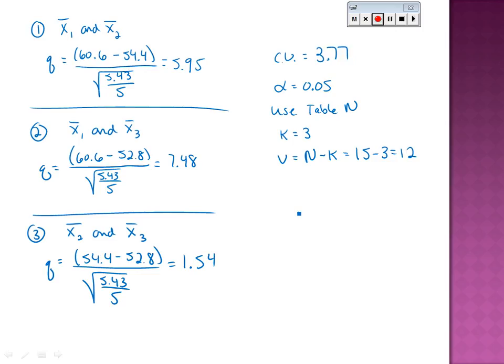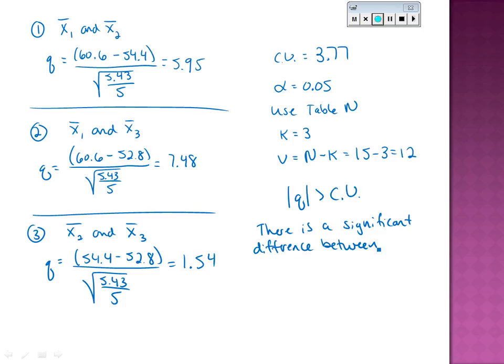Now we have to make our comparison. If the absolute value of Q is greater than the critical value we just found, then we say there is a significant difference between those means. So there is a significant difference between 1 and 2, and also between 1 and 3.